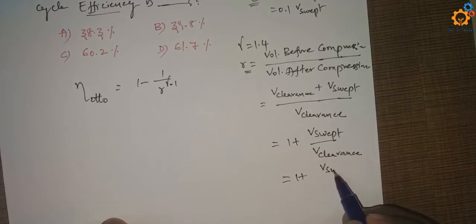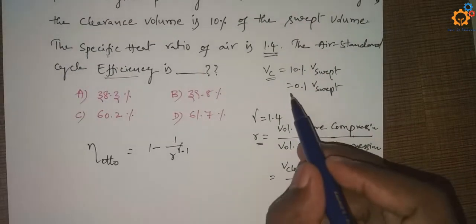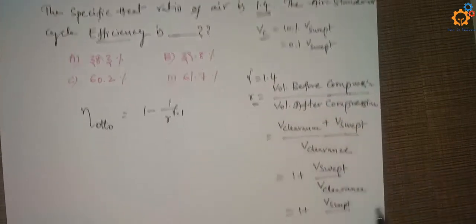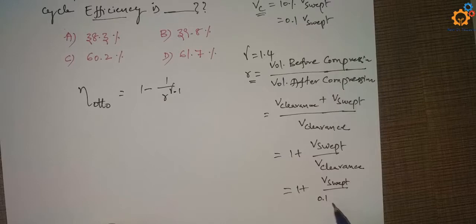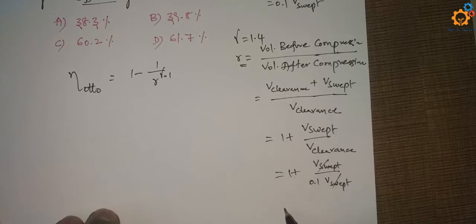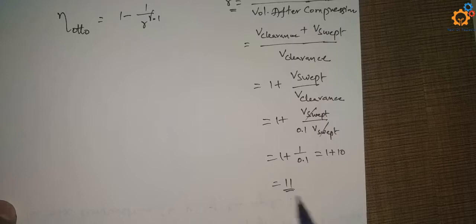V swept by clearance volume is 0.1 times V swept. So 0.1 times V swept, and V swept gets cancelled. So 1 plus 1 by 0.1, that is 1 plus 1 by 0.1 means 10. So we got a compression ratio as 11.